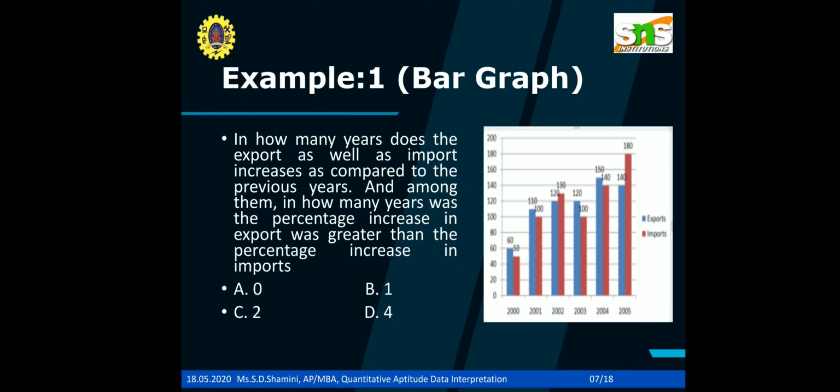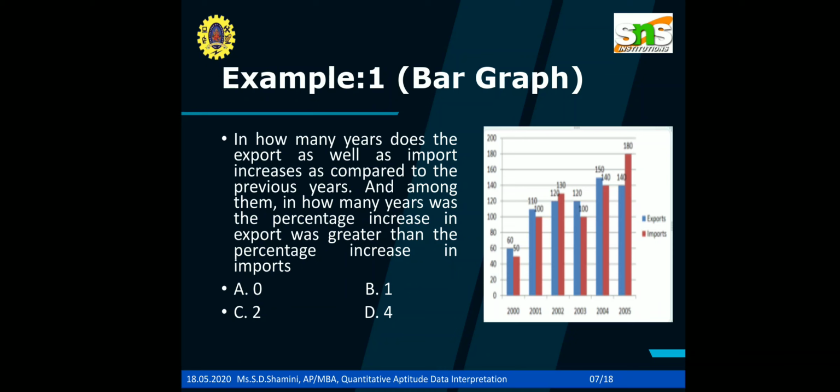For the same graph, in how many years does the export as well as import increase as compared to the previous years, and among them in how many years was the percentage increase in export greater than the percentage increase in import?